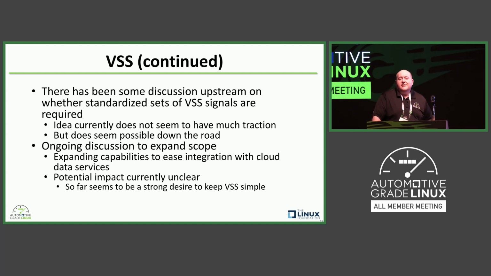Right now, it's not super clear whether that's going to affect the kind of usage we're using, like VSS 4. At least for the in-vehicle infotainment, ECU type of stuff, it seems like the active people in the community still want to keep it relatively simple. The data scientist folks have visions of doing bigger things, and we'll see what evolves out of that.